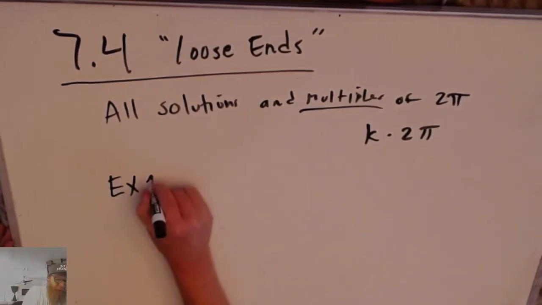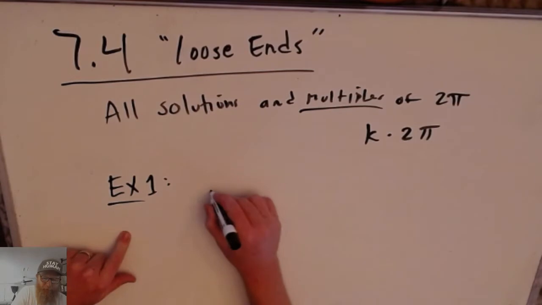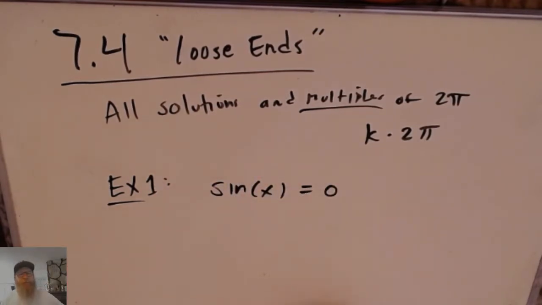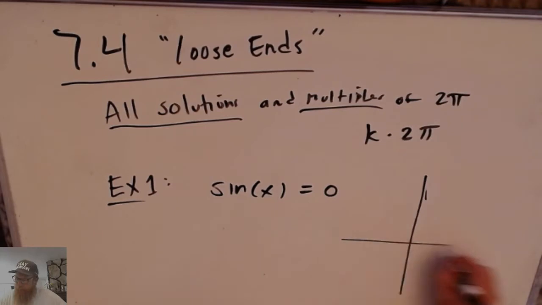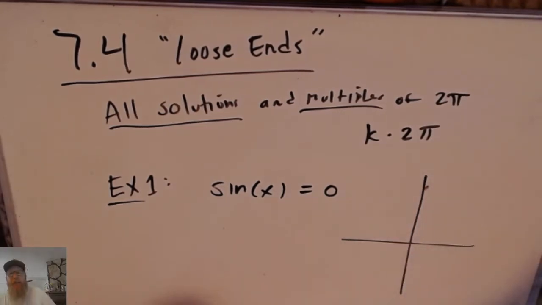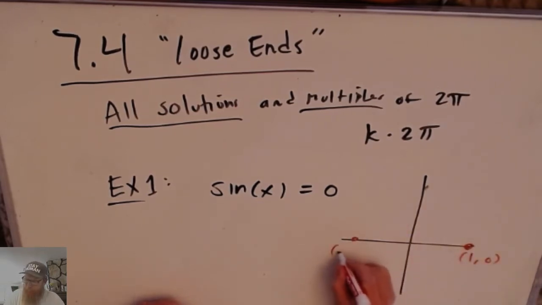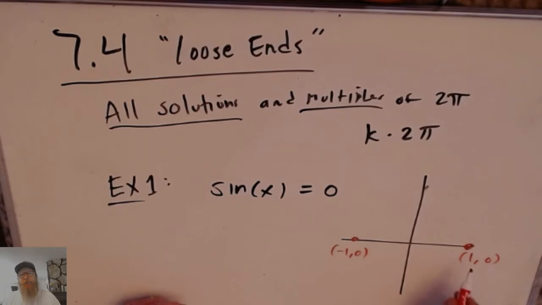So, for example, if I said sine x is equal to 0, and I want all the solutions, well, when you look at your unit circle, sine x is equal to 0 here, (1, 0), and here, (negative 1, 0).